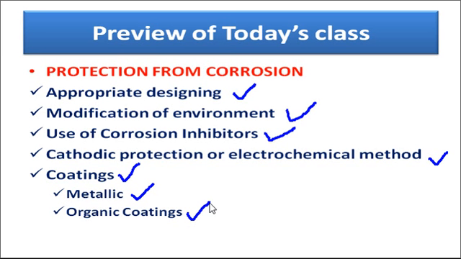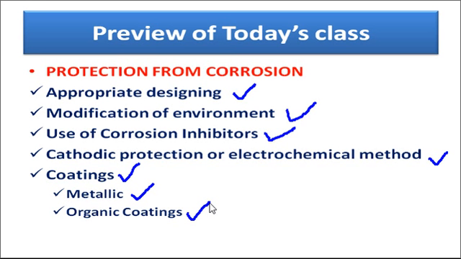But since corrosion cannot be completely controlled, corrosion control means the reduction in the rate of corrosion to minimize the corrosion. Corrosion control doesn't mean that we have to stop the corrosion 100%. No, it is never possible.